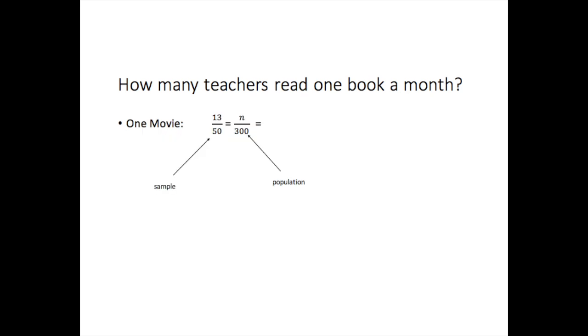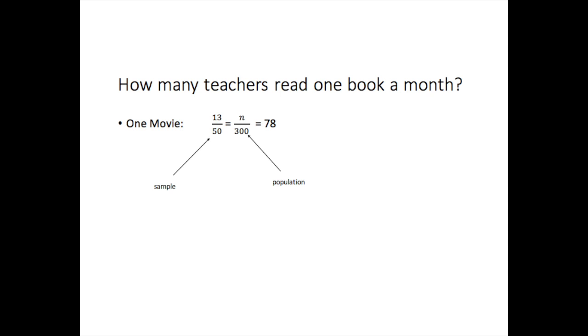So we know 13 out of the 50 people in our sample said they read one book a month. So we set up our proportion. 13 over 50 is equal to the number we don't know, over 300, which is our population.